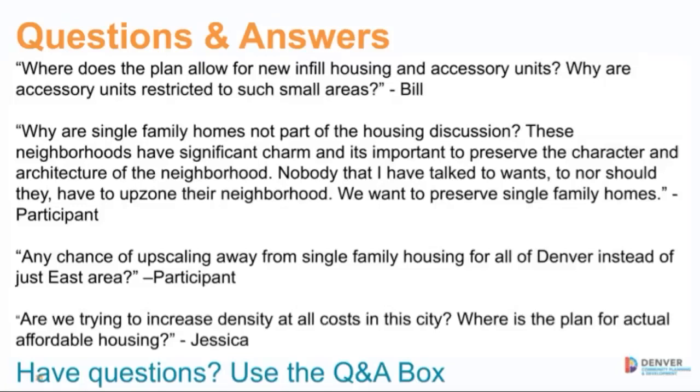These neighborhoods have significant charm, and it's important to preserve the character and architecture of the neighborhood. Another participant asks, any chance of upscaling away from single-family housing for all of Denver, not just the East area? And then lastly, why are we trying to increase density at all costs? What is the actual plan for affordable housing? So Kurt, maybe you just want to touch on those briefly. You presented quite a bit on this already, so maybe you want to add a few things.